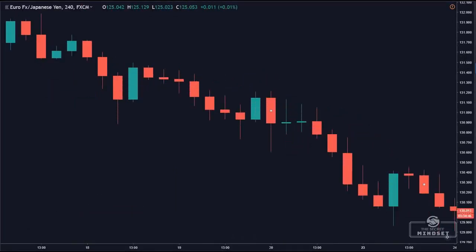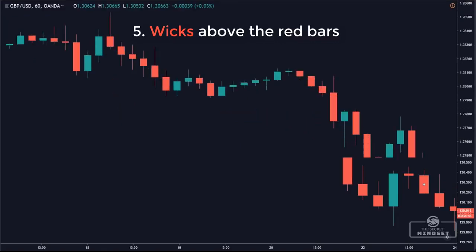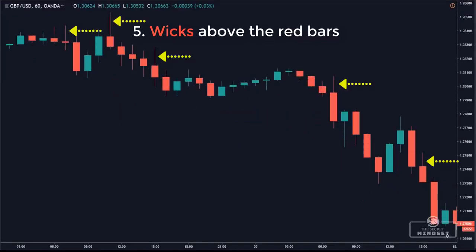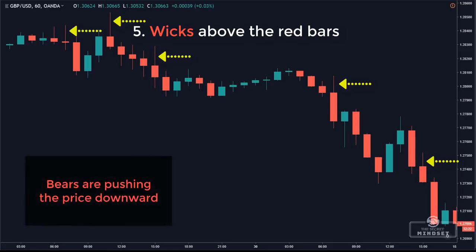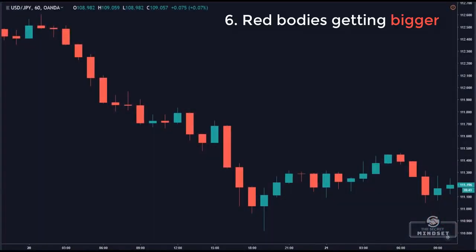We will also see a lot of wicks above the red bars. This represents a good signal that the bears are in control of the market and are successfully pushing the price downward, despite the initial reaction of the bulls. Also, when we see the red bodies getting bigger, this signals a clear bearish momentum.